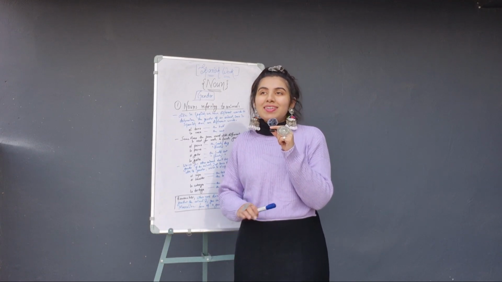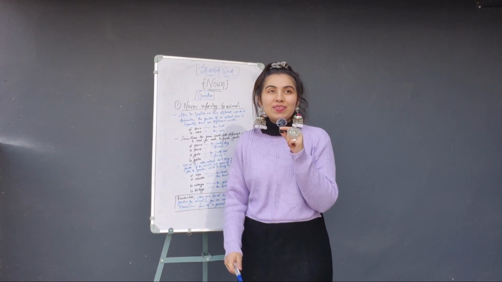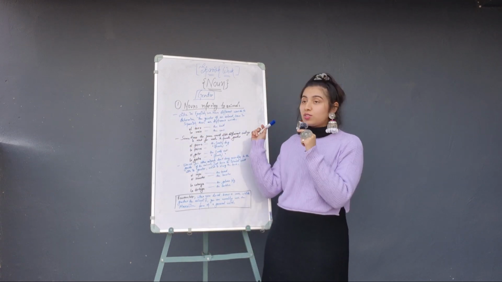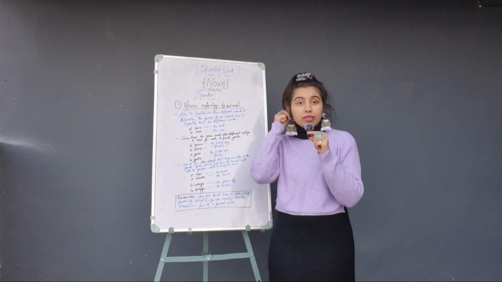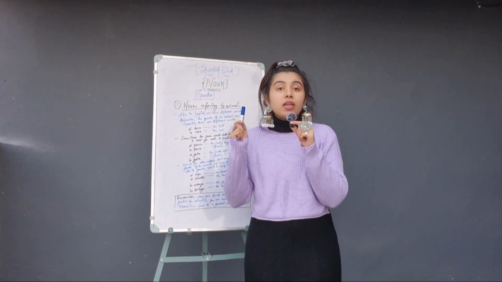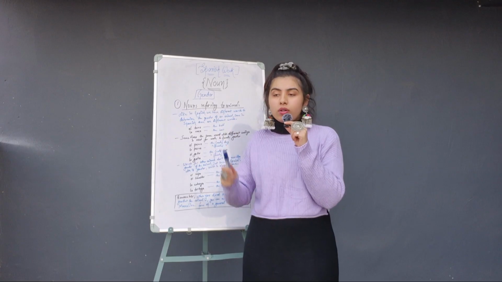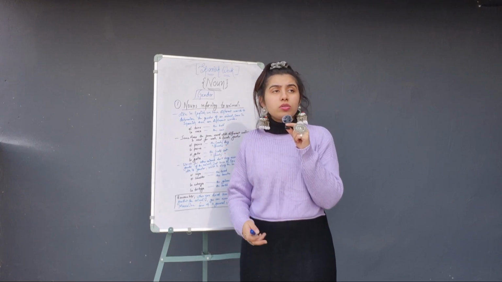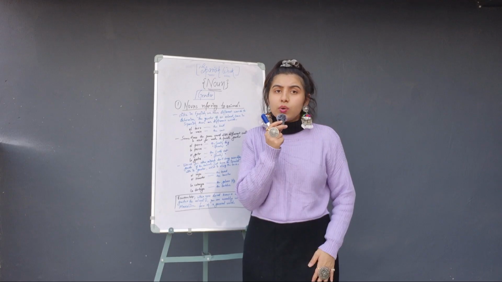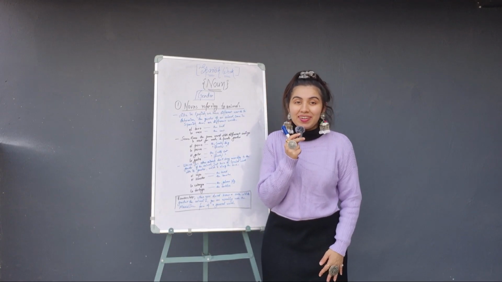I hope I'm clear now. That's all for this topic, nouns referring to animals. In the next class we are going to discuss nouns referring to things, and there are many exceptions in nouns too, which we'll discuss later.